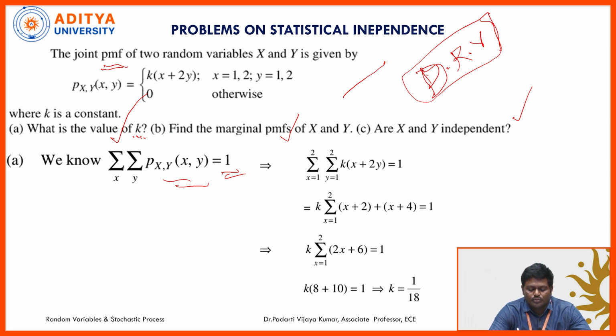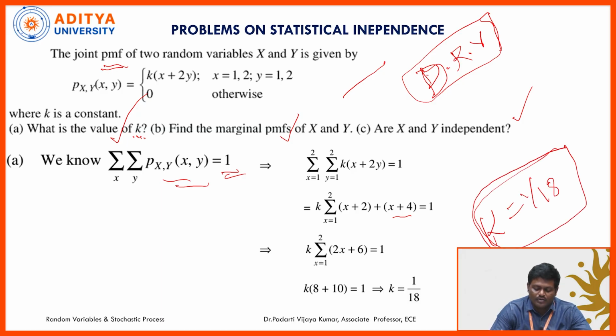So, k into, first I substituted the y limits, x plus 2 and x plus 4, this is equal to 1. Next I substituted the x limits, 2x plus 6 is equal to 1. After substituting the x limits, what we will get is k into 8 plus 10 is equal to 1. So, the k value is 1 by 18.